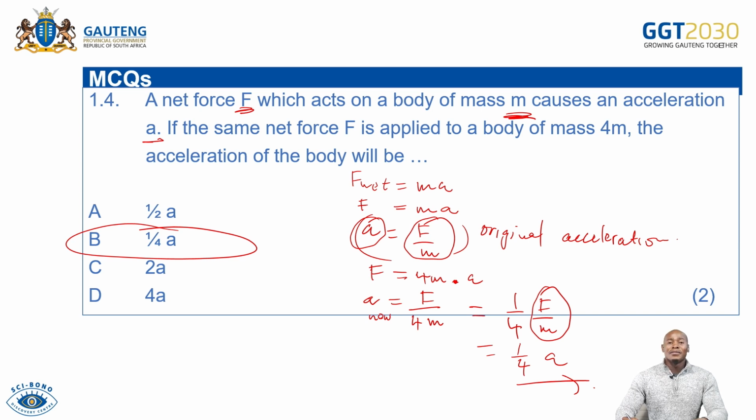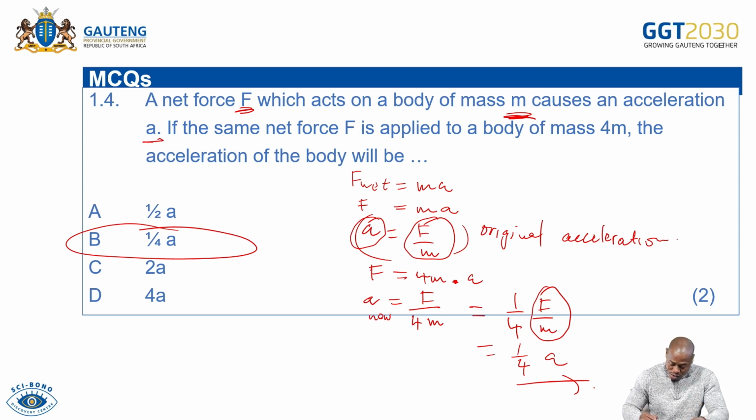The mass is now increased to 4m, right? So the original F, which is still F, equals 4m times A, because I'm looking for A. So I'm making A the subject of the formula, the new A now.